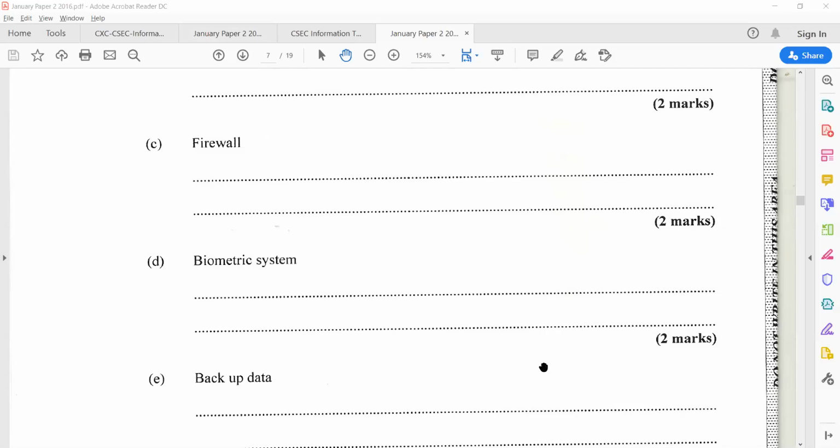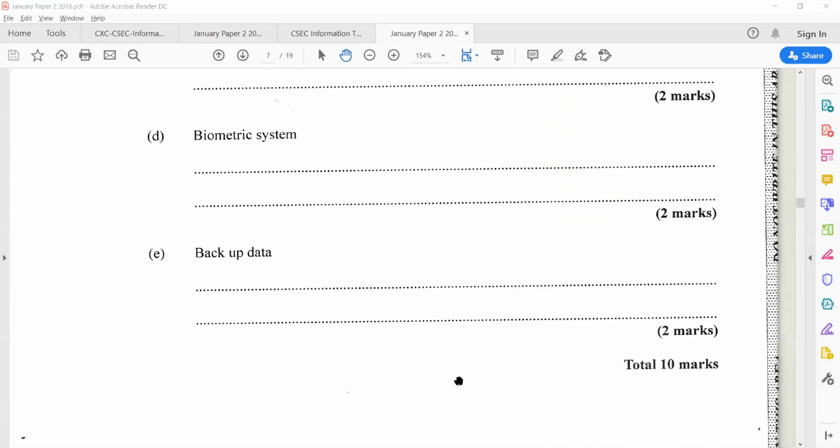So you could have a biometric system used for locking the door to your computer room.